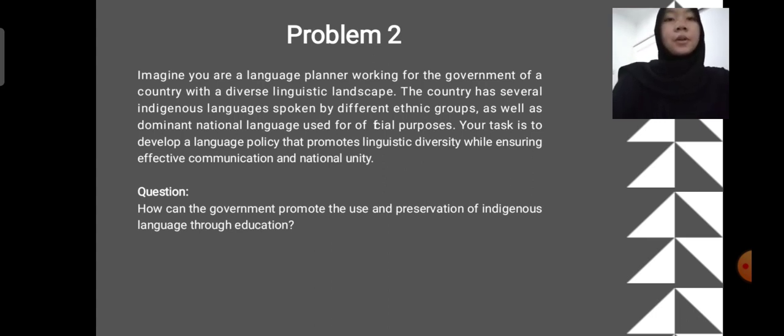Now we move to the second problem. Imagine you are a language planner working for the government of a country with a diverse linguistic landscape. The country has several indigenous languages spoken by different ethnic groups, as well as a dominant national language used for official purposes.